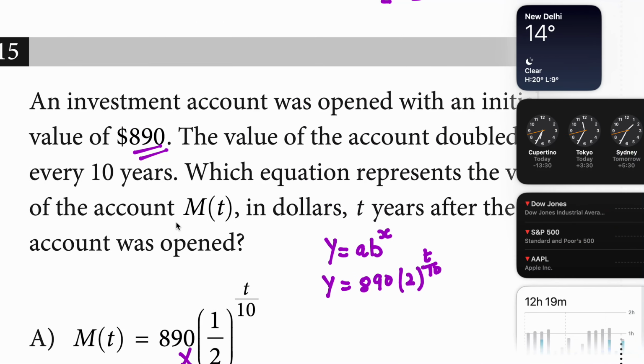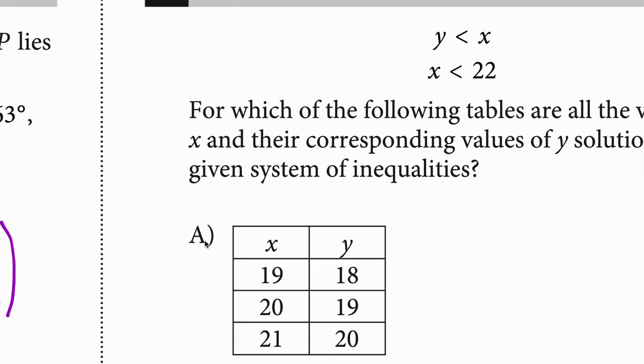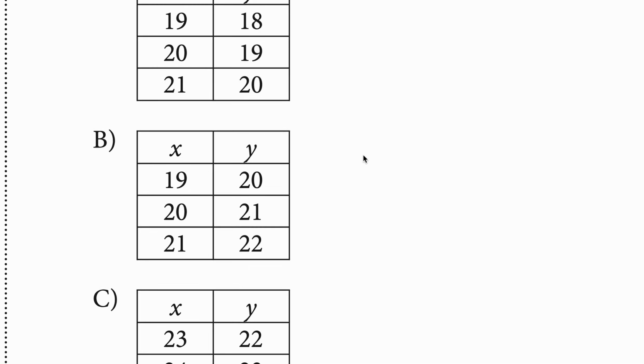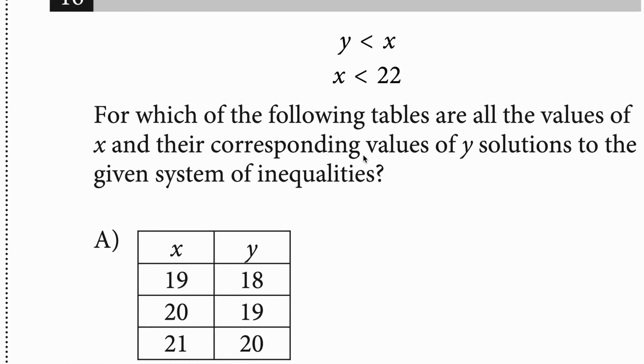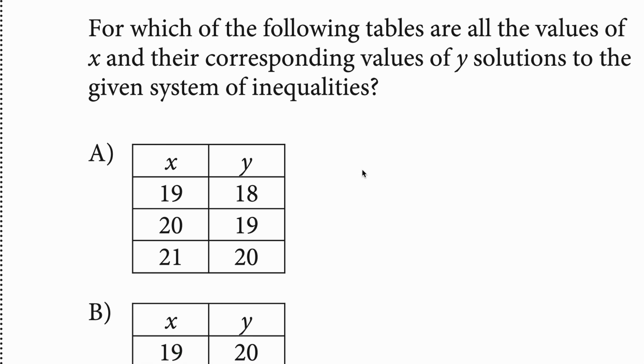Okay, let's come to question number 16. Y is less than x and x is less than 22, and some tables are given to us. Okay, perfect. Y is less than x is less than 22. So that means here it is less than this, it is less than this, it is less than this.